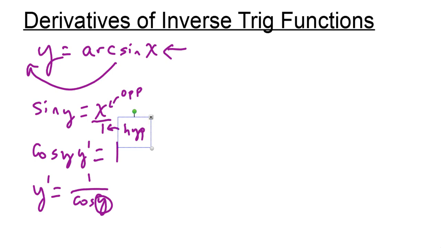So at this point, let's drag in a right triangle, right? And let's label what we know. Well, let's see here. I know that my angle is y, so I'm going to put a y there in my right triangle. I know that the side opposite that angle is x, and I know that the hypotenuse is 1. Well, wait a minute.